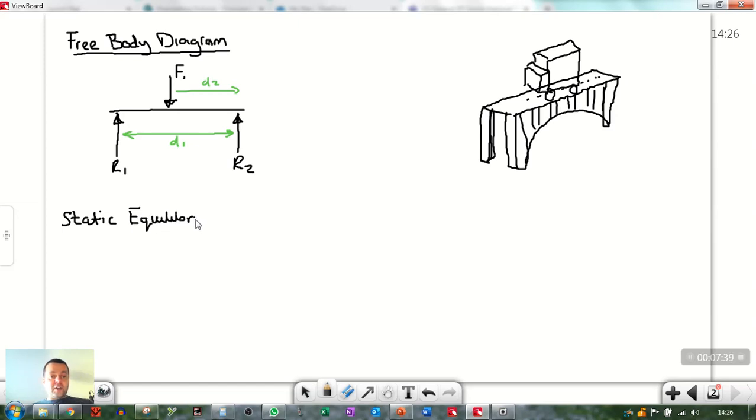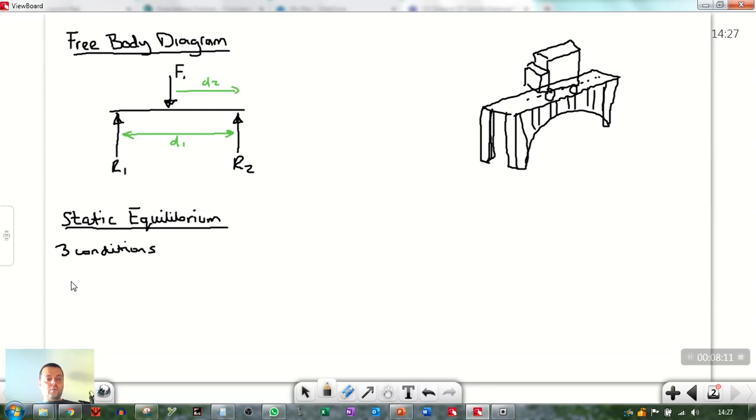Equilibrium is just a fancy way of saying we know there are forces acting on it, but all those forces add up to 0, right? There are 3 conditions for a thing to be in static equilibrium. These are called the conditions for static equilibrium. The 3 conditions are that all the vertical forces should cancel each other out, all the horizontal forces should cancel each other out, and all of the twisty forces should cancel each other out.